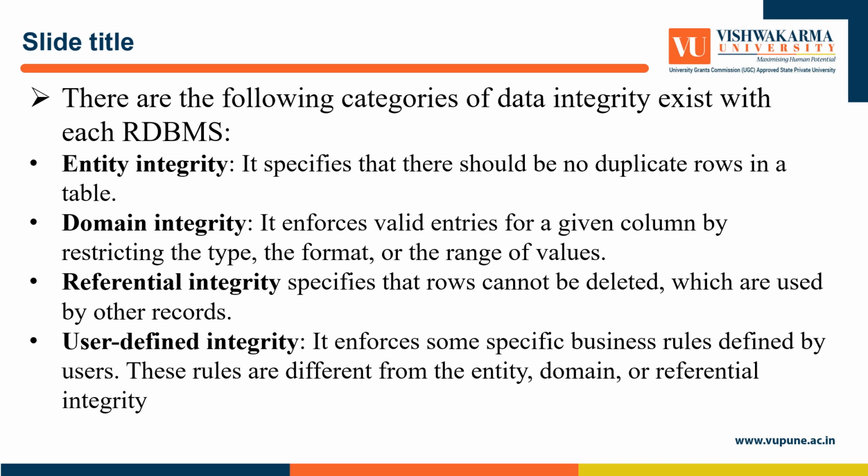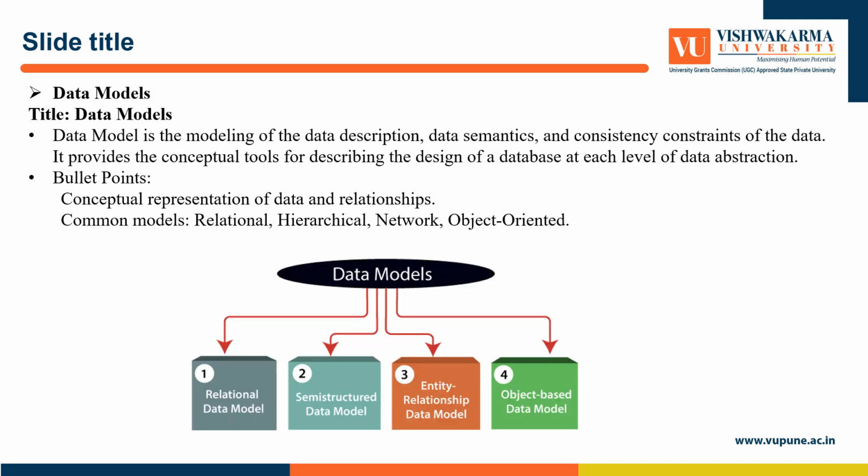Domain integrity enforces valid entries for a given column by restricting the type, the format, or the range of values. Referential integrity specifies that rows cannot be deleted which are used by other records. User-defined integrity specifies business rules defined by users. These rules are separate from entity, domain, and referential integrity.